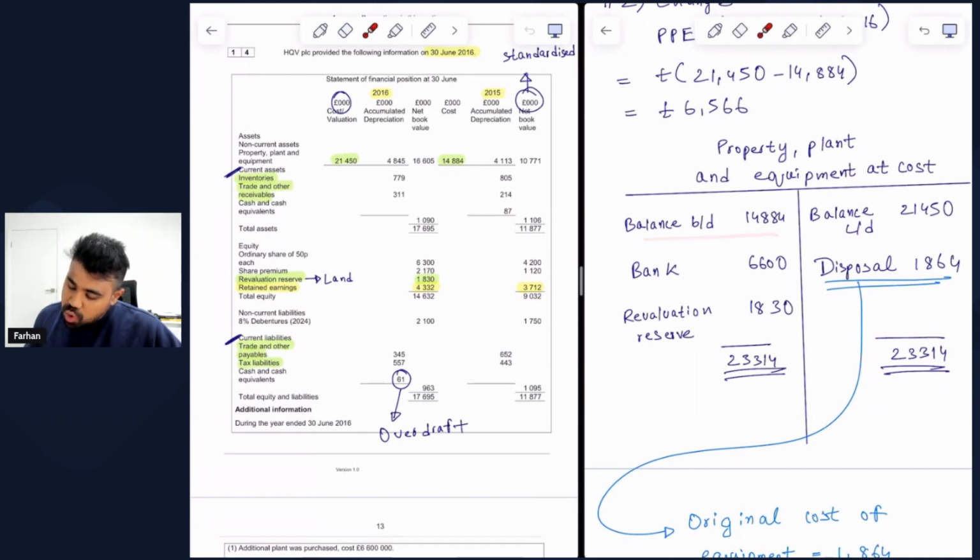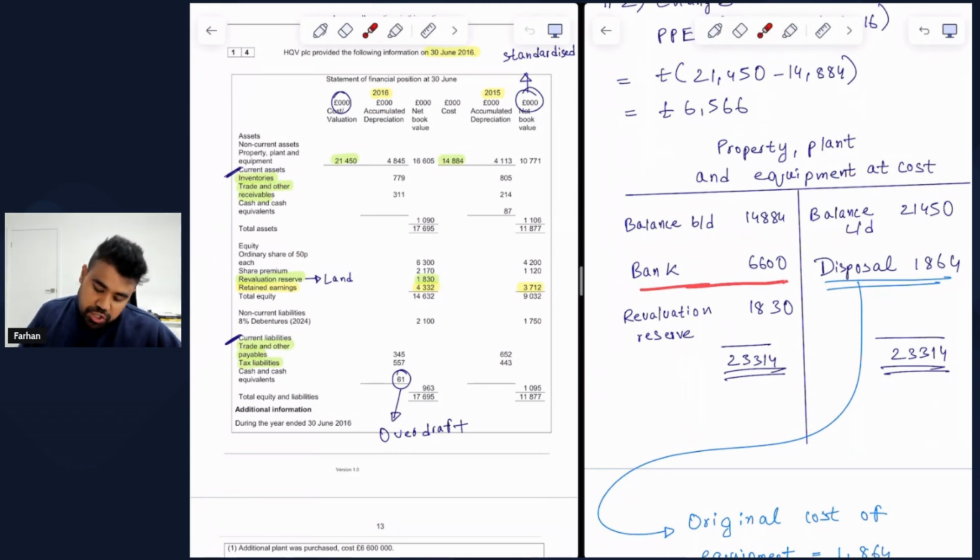Then we have included the closing balance of 21,450 based on what we have at the end of 30 June 2016. Once you have both the opening balance and closing balance, on the debit side I'm adding an additional 6,600. Where did this come from?